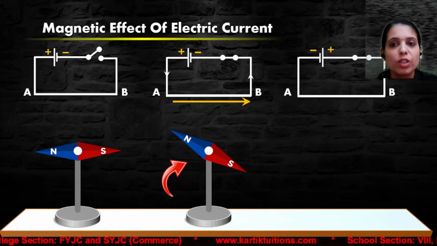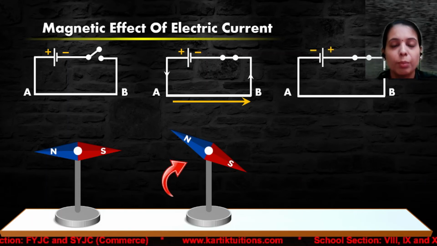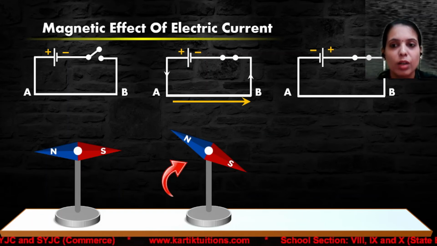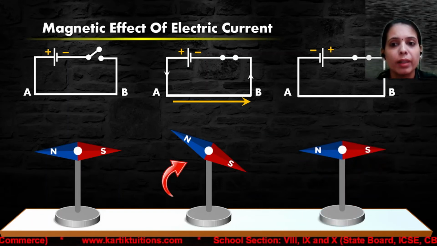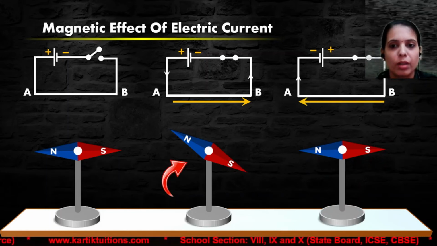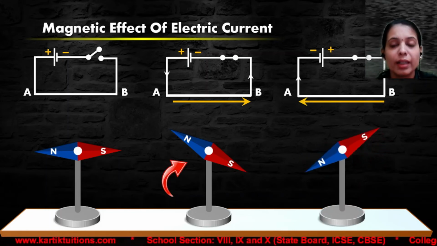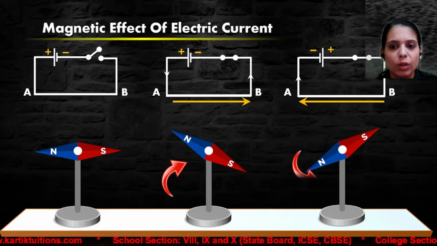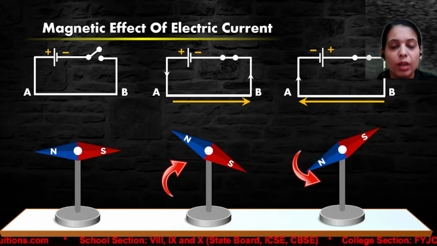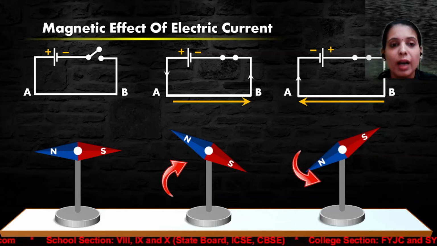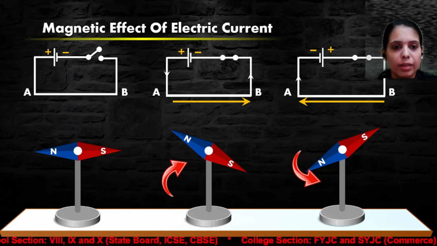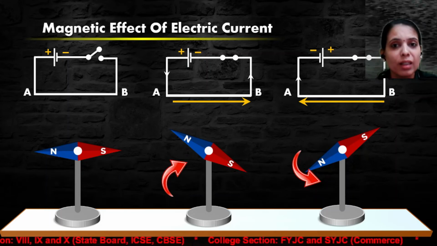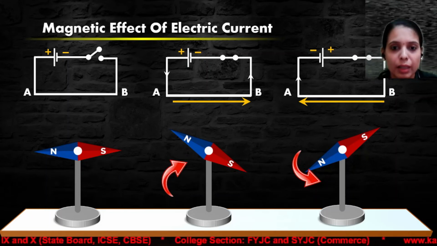Now let's change the polarity of the cell. So now in this case, the current is flowing from point B to point A. Now the needle gets deflected in the anti-clockwise direction. So this proves that as long as there is no current in the conductor, there is no effect seen in the magnetic needle.